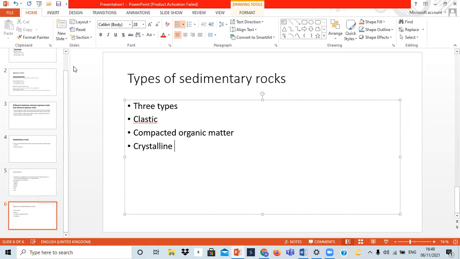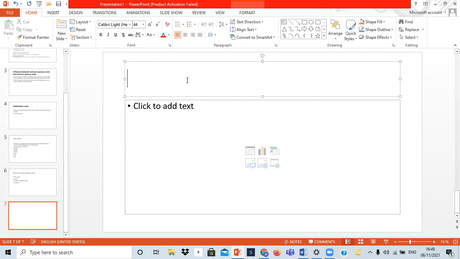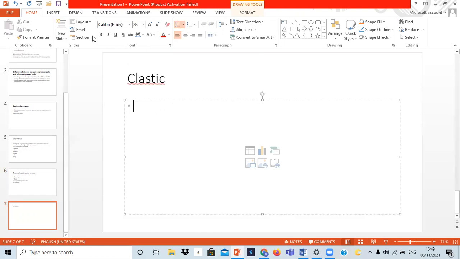So yeah. Then we went ahead to look at those, starting with clastic, if I can remember right. Clastic was from compacted sediments.